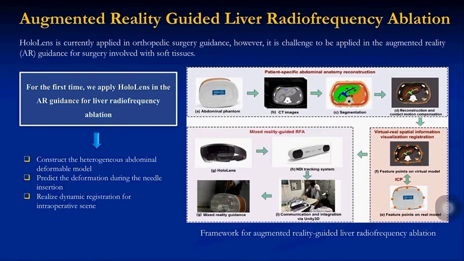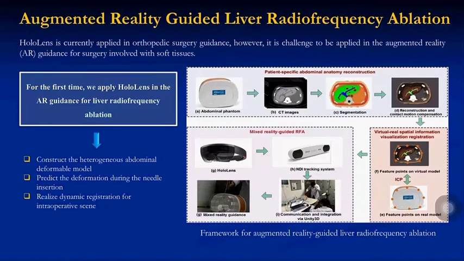Here, we need to construct the heterogeneous abdominal deformable model. For our initial experiment, we use a phantom to test our system. We construct the model, we predict the deformation during the needle insertions, and then realize the dynamic respiration for intraoperative scenes.